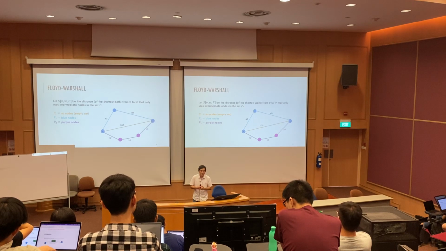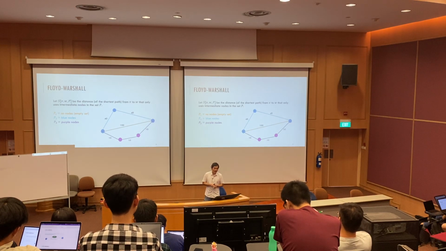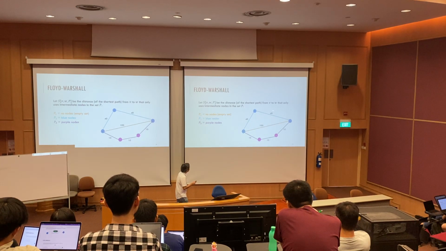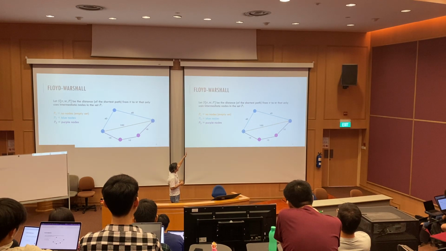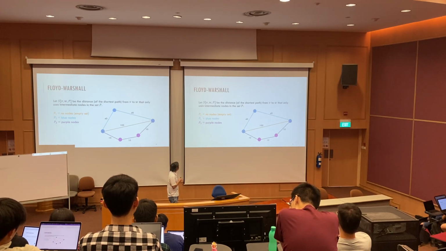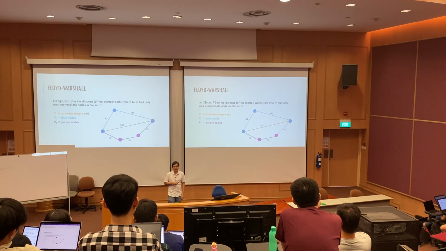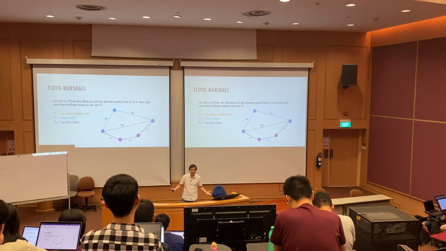So let's make it concrete. Let's use an example. Let's imagine you have this graph, and there are three possible sets here. There can be more, but let's just say we have three. P1 has no nodes. It's the empty set. When it's the empty set, it means you just go direct from V to W. It doesn't use any other nodes.